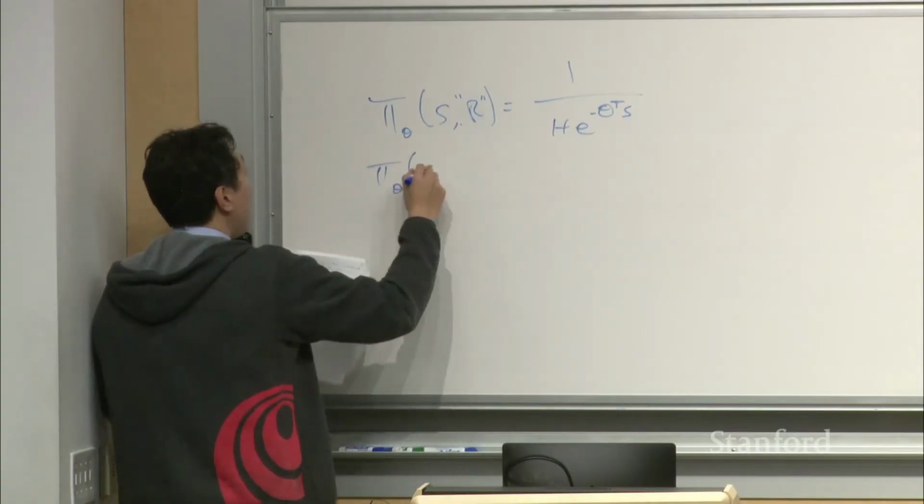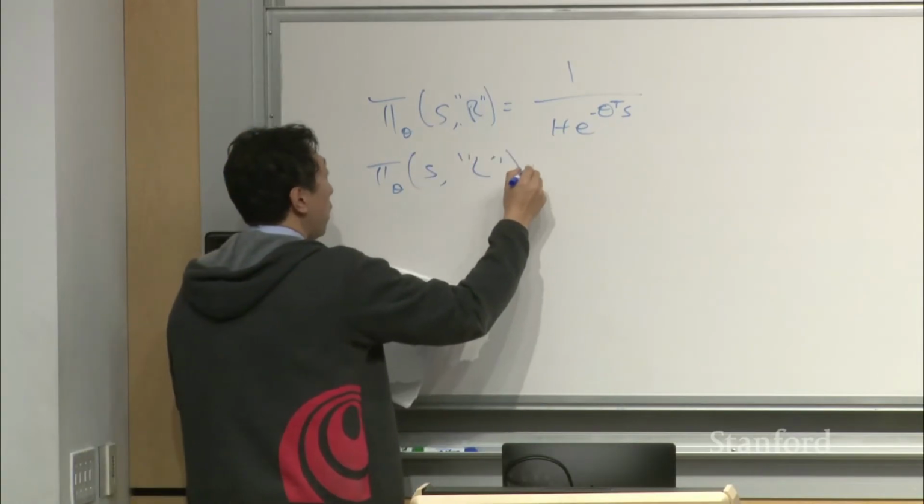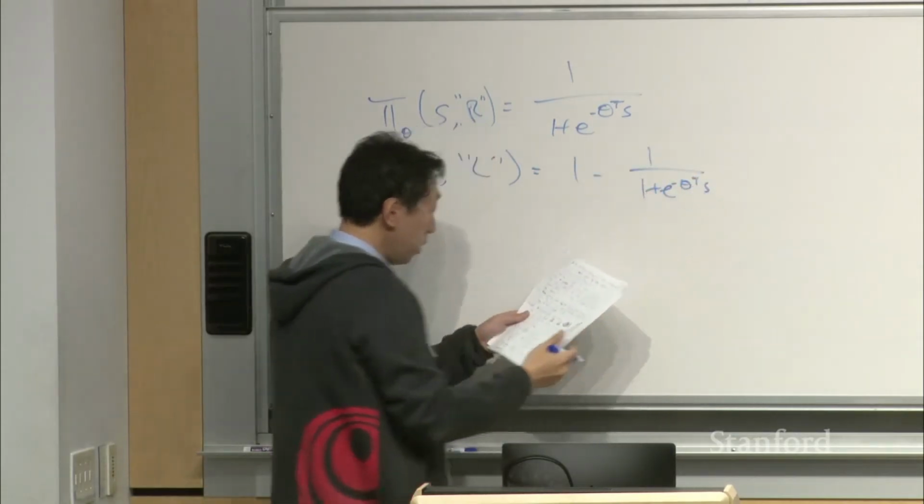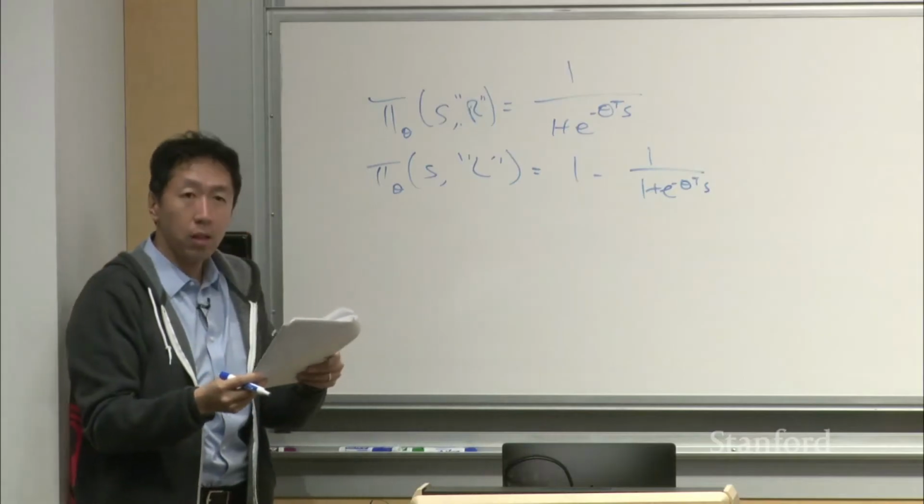And the chance that in a state S, you take the accelerate left action is given by that. Okay?